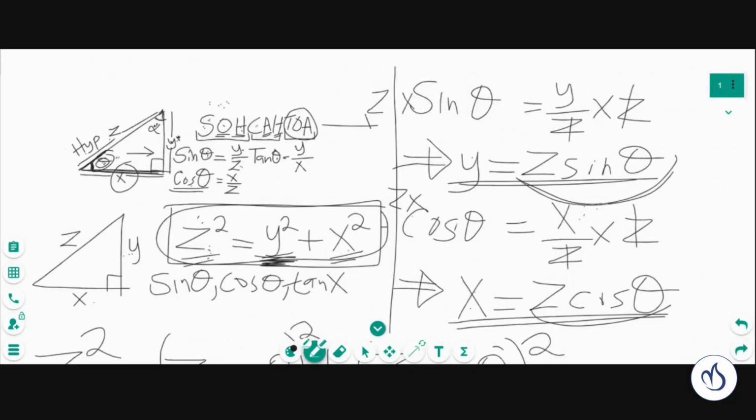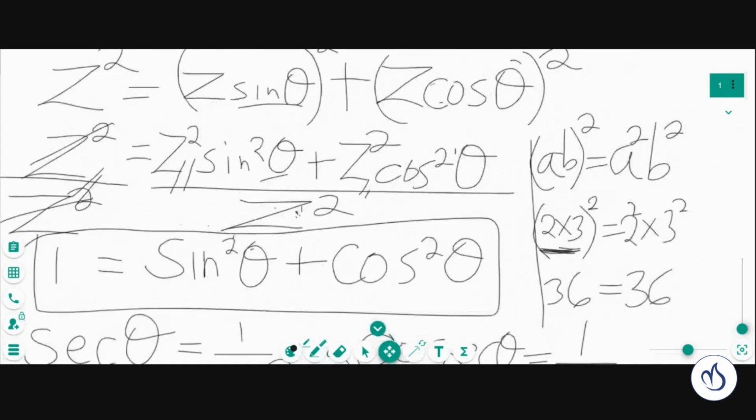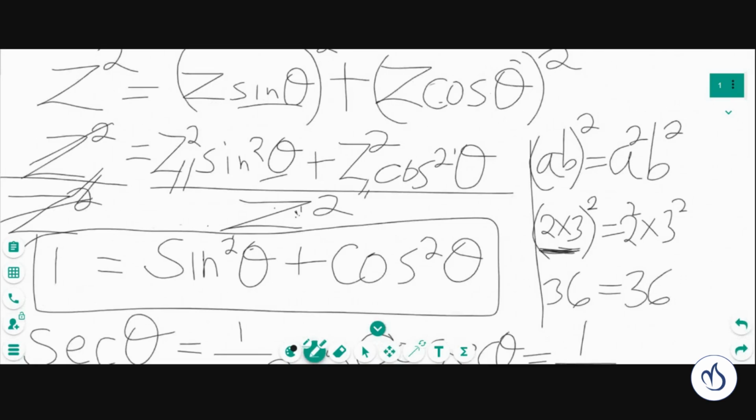You should have the Pythagoras Theorem, and you should also have this identity, the first trig identity that we have derived. And even now in this lesson, we are going to derive from it at least 6 more identities.